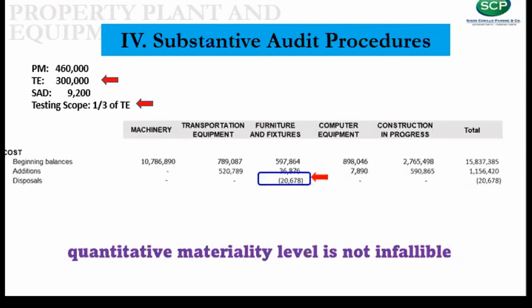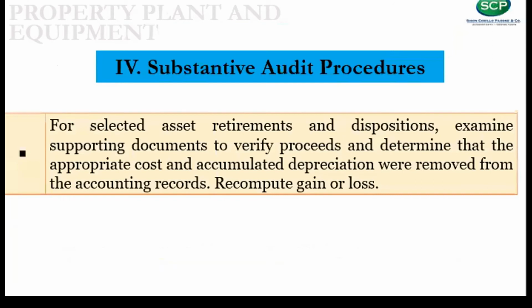I would like to emphasize that aside from checking the disposals, we should always perform the procedure to ensure that the amount of cost and accumulated depreciation associated with the disposed assets is properly removed by the client from both the fixed assets register and the general ledger.